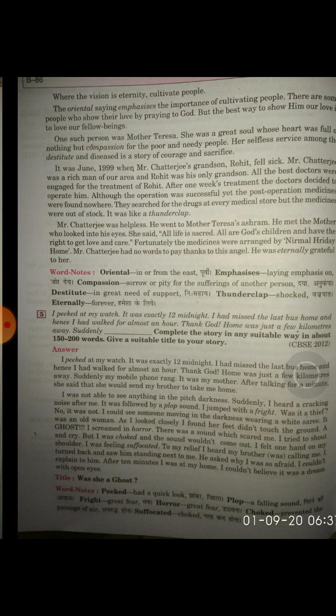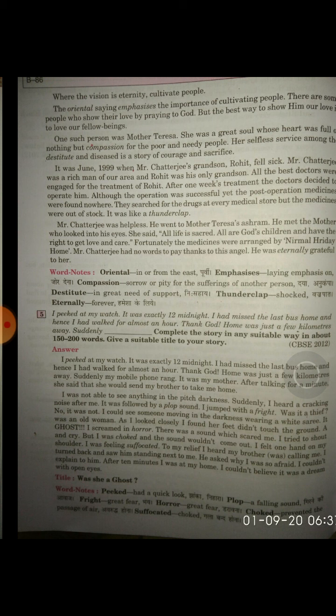Suddenly, I heard a cracking noise behind me. It was followed by a plop sound. I jumped with a fright. Was it a thief? No, it was not. I could see someone moving in the darkness wearing a white sari. It was an old woman.